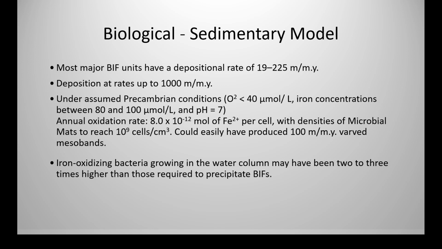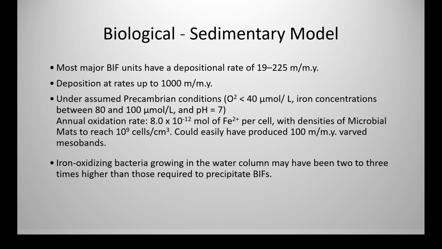So the biological sedimentary model shows that most major BIFs have a depositional rate of 19 to 225 meters per million years. Although some BIFs can have rates up to 1,000 meters per million years.